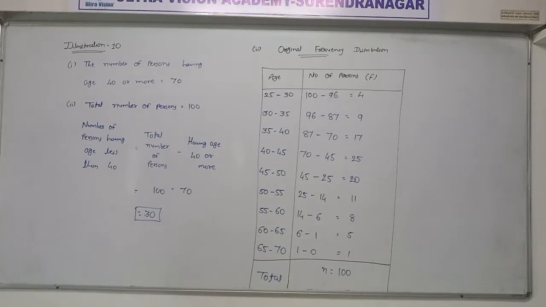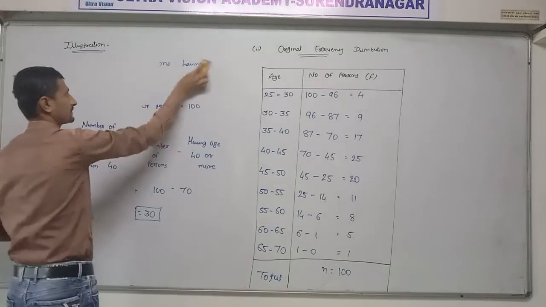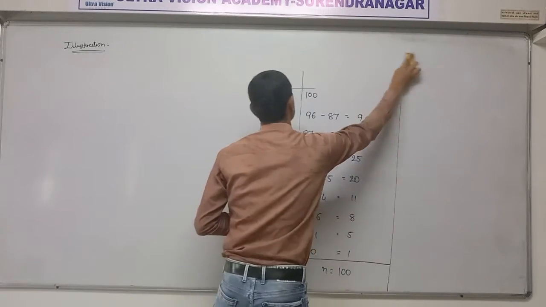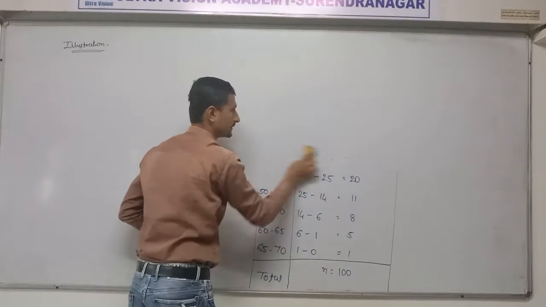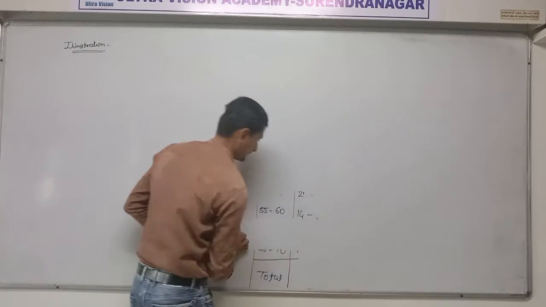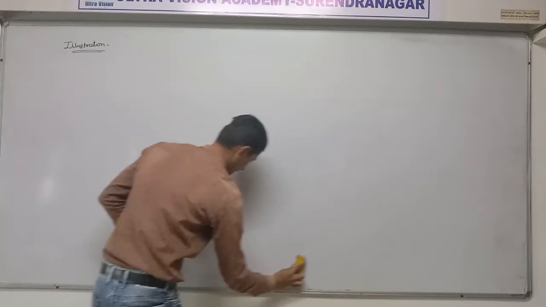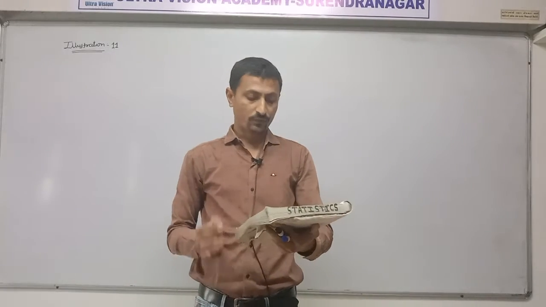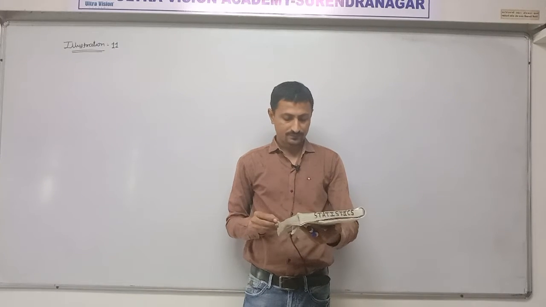Here we complete demonstration number 9. Next, information regarding the age of 250 drivers of a transport company is as follows.